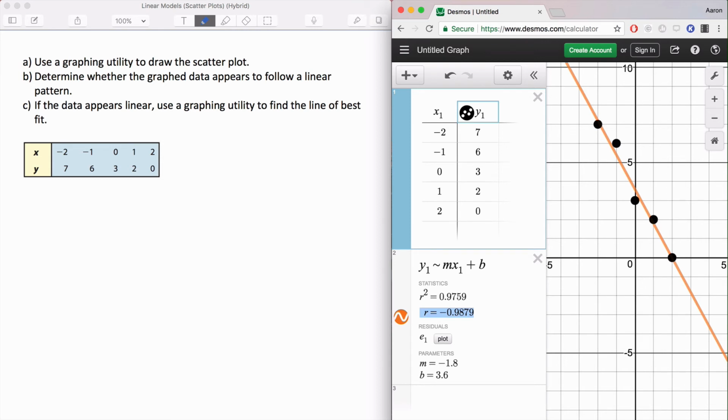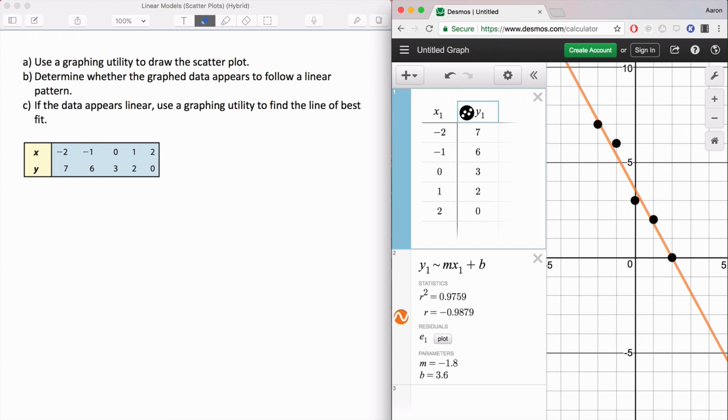So +1 would be perfectly linear with a positive slope, and -1 is perfectly linear with a negative slope. As your R value gets closer to 0, that just means that all of your data points are spread all over the place, and there tends to be no pattern between our data, and it doesn't follow some linear trend.